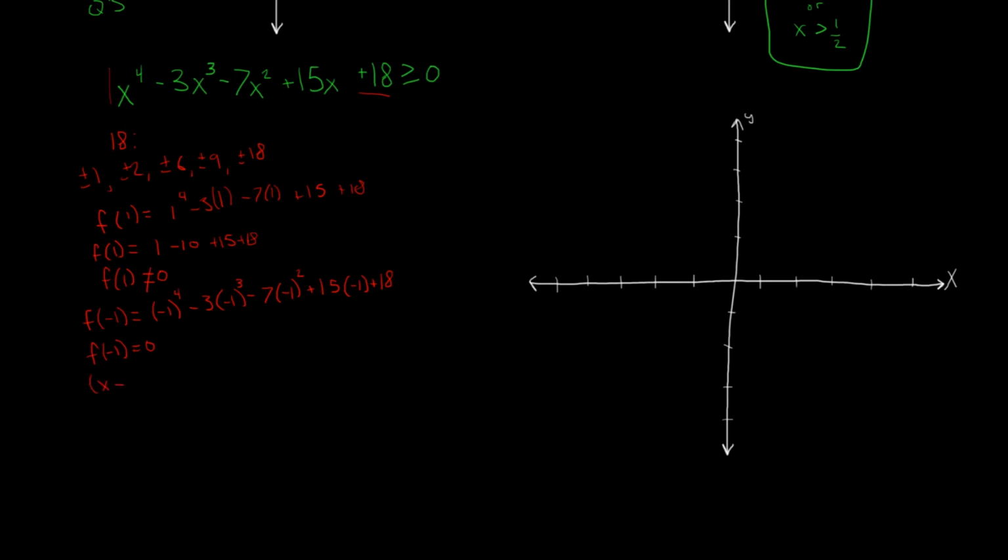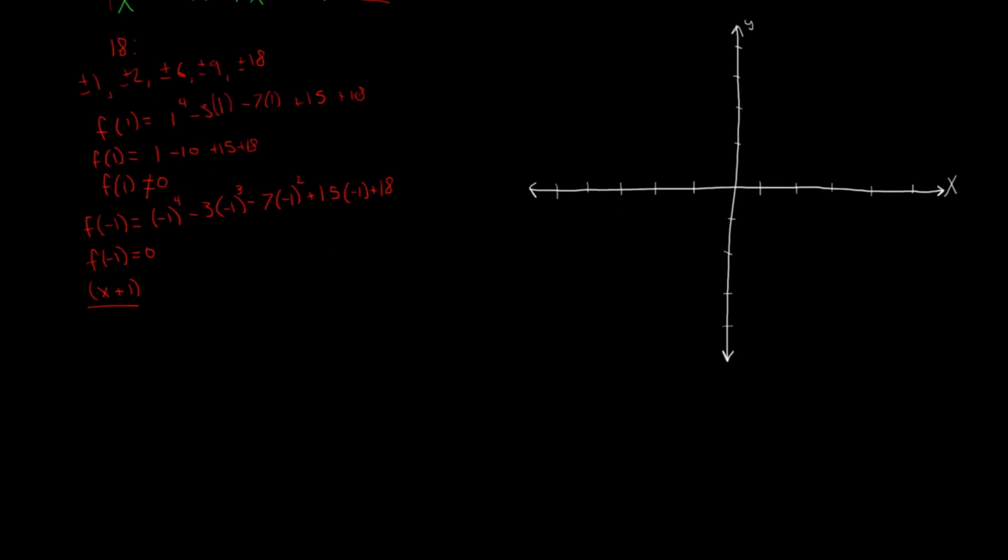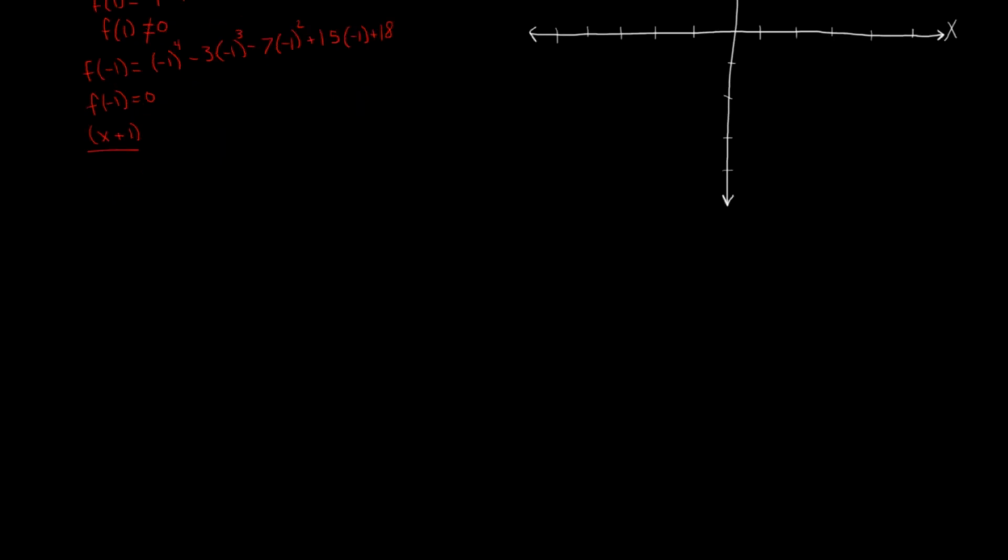So in factored form, we know that x plus 1 will divide the function. So now to get the other ones, I'm going to have to divide x plus 1 into that. So that's going to be x plus 1 into this entire thing: x to the power of 4 minus 3x cubed minus 7x squared plus 15x plus 18.